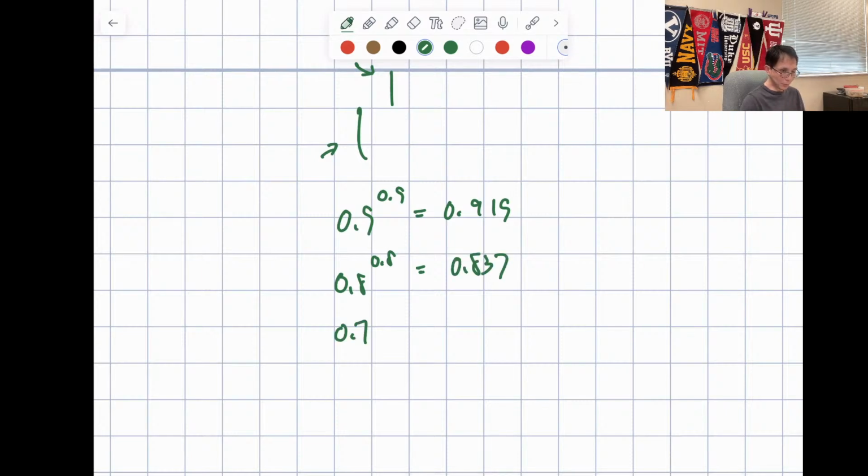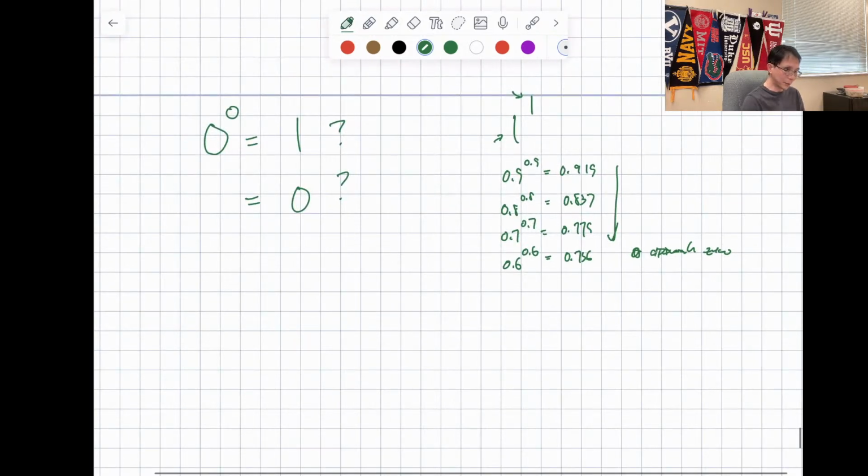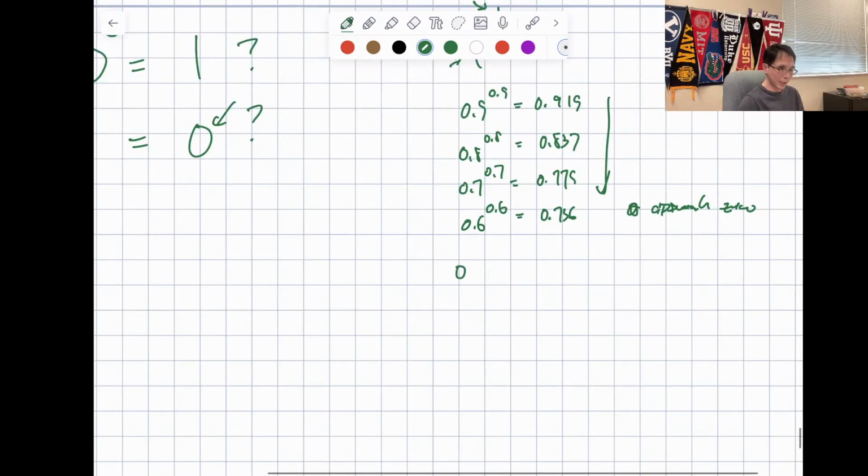How about 0.7 to the 0.7 power? 0.6 to the 0.6 power. So what does the trend go into? What do you think? Is it going to 0? Approaching 0? Or did somebody break math? It's approaching 0 if I'm going towards 0, right? So let's do 0.5 to the 0.5 power.